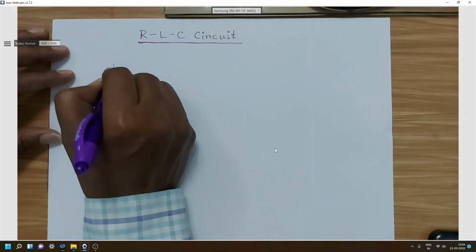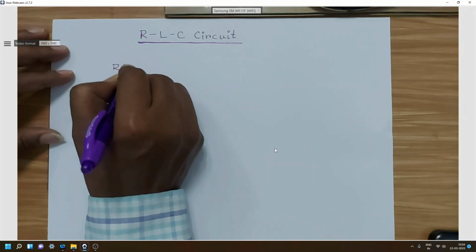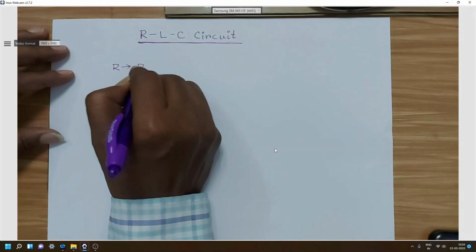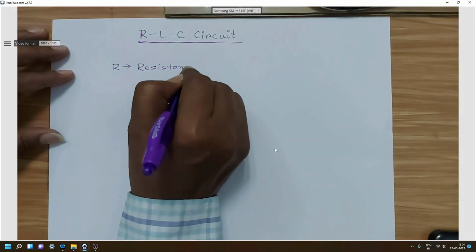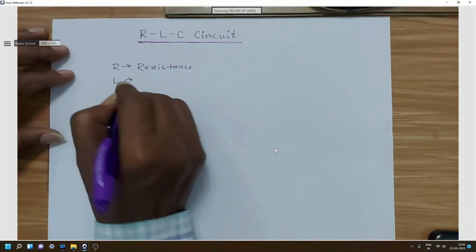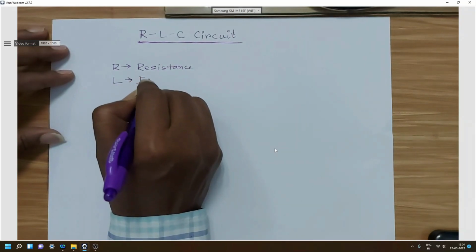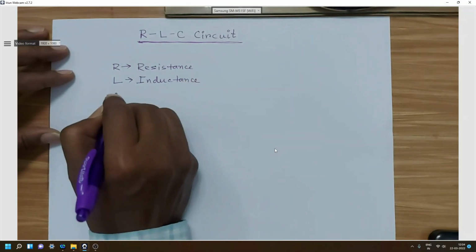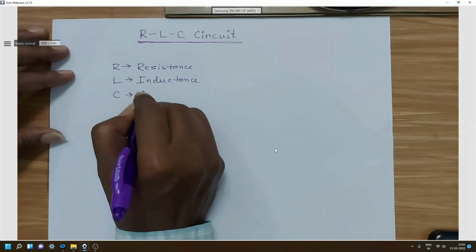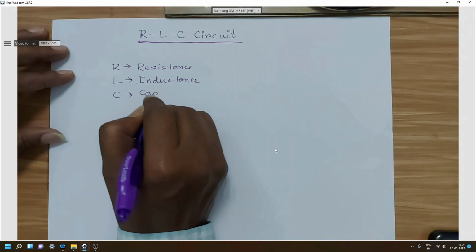First of all, R stands for resistance, L stands for inductance, and C stands for capacitance.